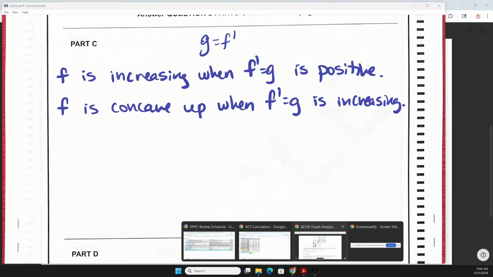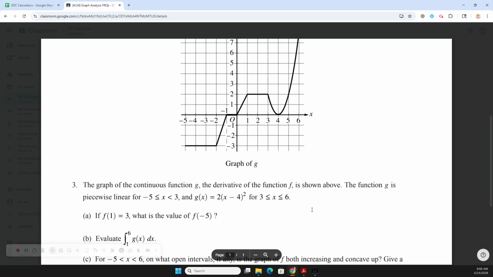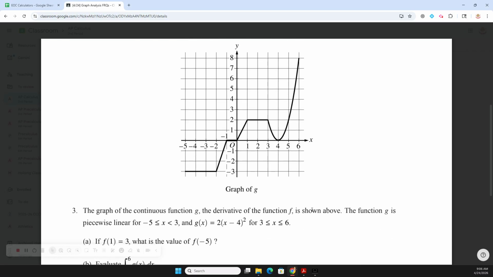I'm going to go back and look at the graph. So we're looking for times when the graph of g, which is f prime, is both increasing and positive. So above the x-axis and increasing. What do you guys think? 0 to 1. 4 to 6. Perfect.